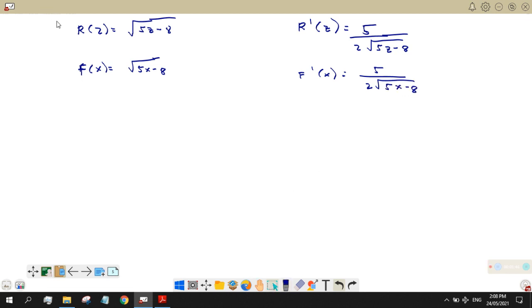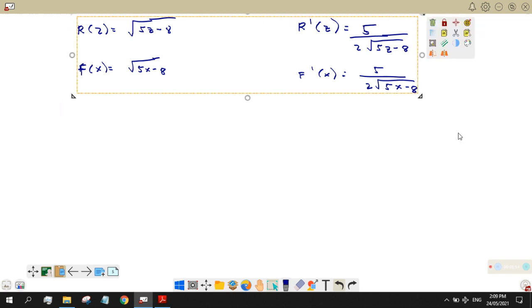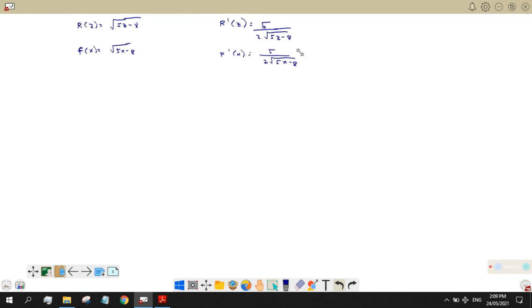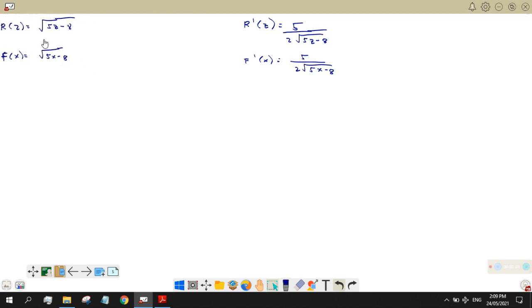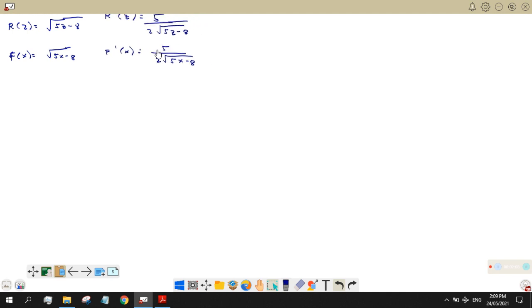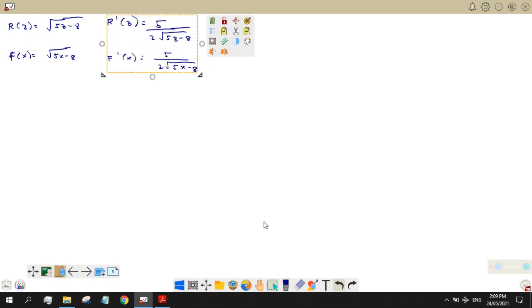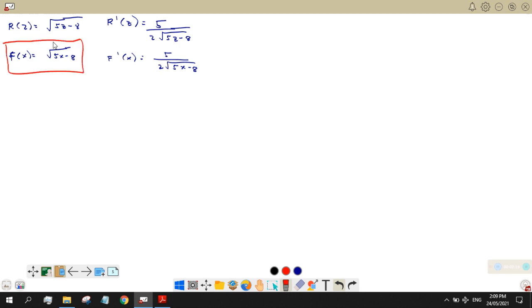Okay, so ito ulit yung mga gagamitin natin na value for finding the integral using the reverse of chain rule. Pagdikitin ko lang siya ng konti. Okay. So, dito lang tayo magpo-focus dito sa dalawang ito.